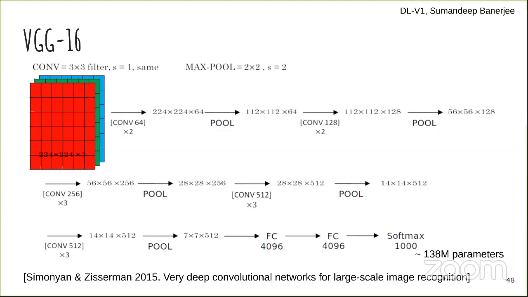So just too many parameters, right? Too many parameters means the model size is very big, it takes too much time to compute during the forward pass, and you have to compute the gradient for all 138 million parameters after every batch for backpropagation, and it's just too time consuming.